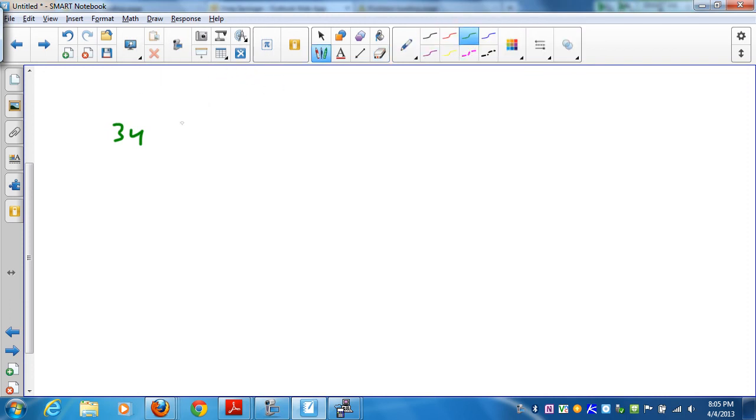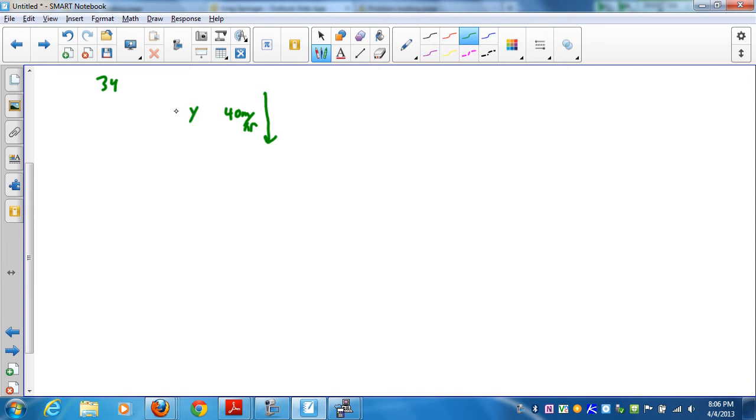Alright, let's take a look at 34. 34 is a word problem that you're probably not going to like a whole lot, but it's not too bad. It tells us that car A is going south at 40 miles an hour. So we're going to think of that as maybe in the y direction, right?